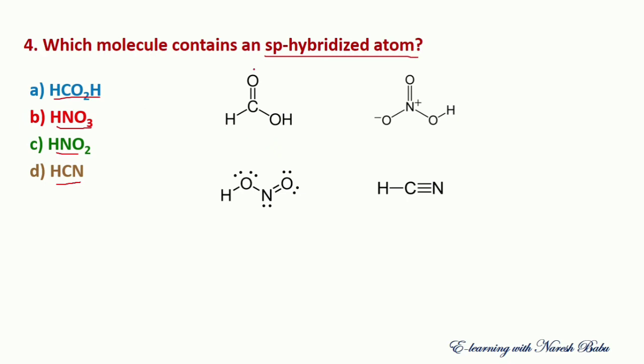Formic acid, HCOOH, is sp2 hybridized, so we see a 120-degree bond angle. Nitric acid, HNO3, is also sp2 hybridized with a 120 degree bond angle, and nitrous acid is also sp2 hybridized. But hydrogen cyanide is an sp hybridized molecule. So the correct answer is hydrogen cyanide.